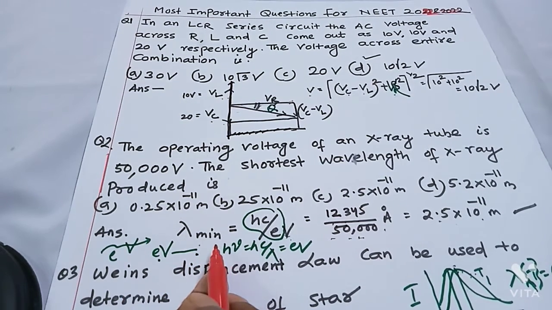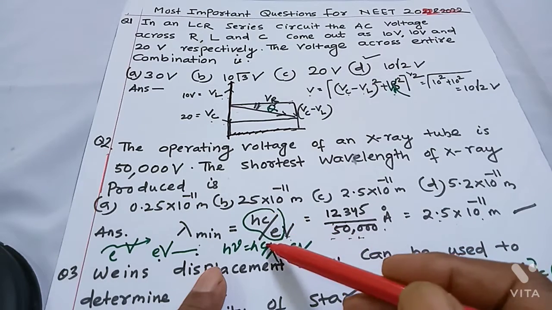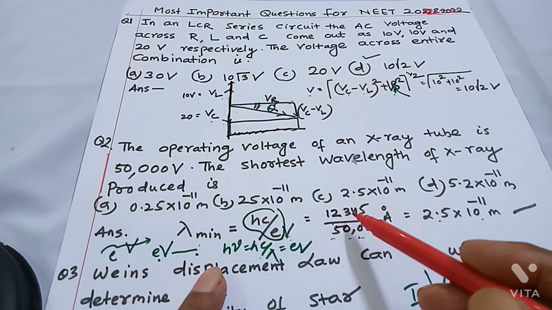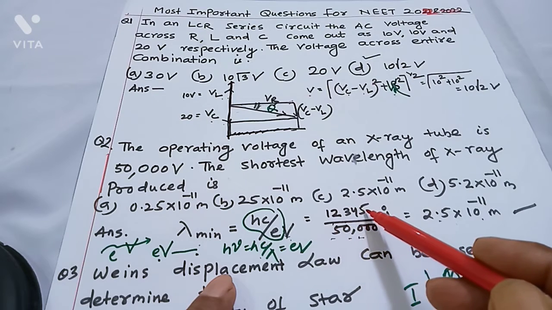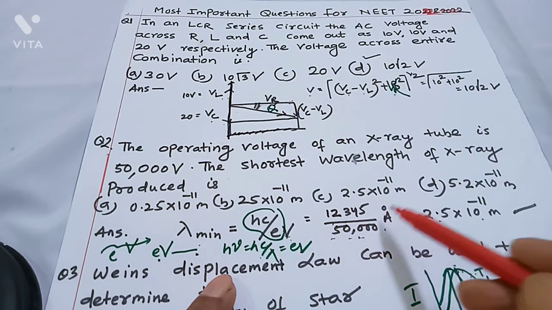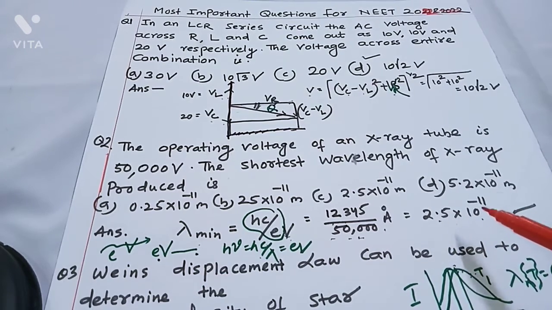So if all energy is converted to X-ray, then h nu, the energy of the X-ray photon, equals eV, so lambda minimum equals hc by eV. Putting the values of h, speed of light, and charge of electron, we have 12,345 by 50,000 angstrom. This is equal to 2.5 times 10 to the power minus 11 meter.